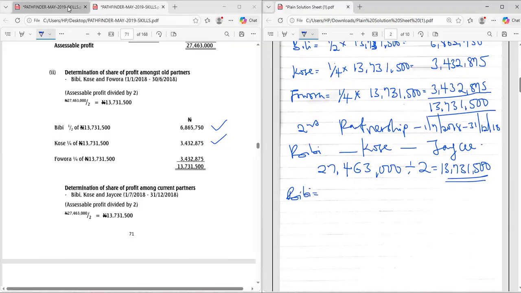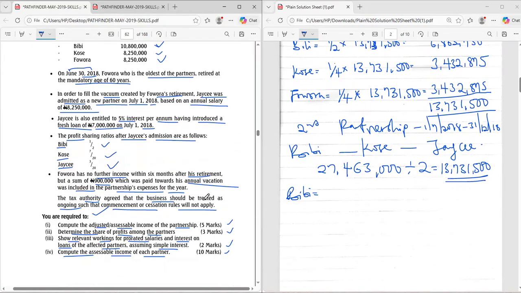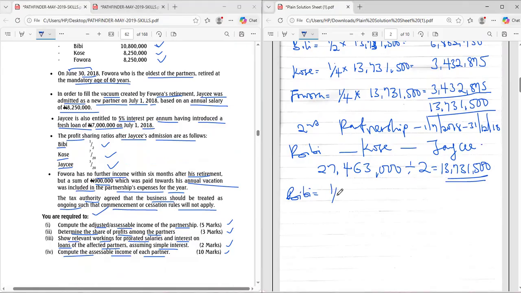What's the sharing ratio for the new partnership? 1/2. 1/2 of 13,731,500. And how much is Cochet? Is it 7?